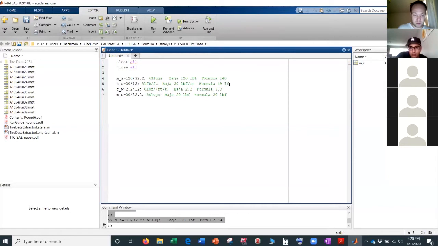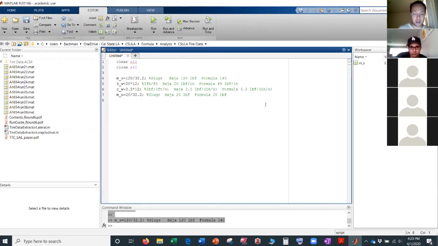Formula's was in pounds force per inch. I'm recording this, right? Yeah. Baja's was in pounds force per inch per second. Formula's was in pounds force per inch per second.